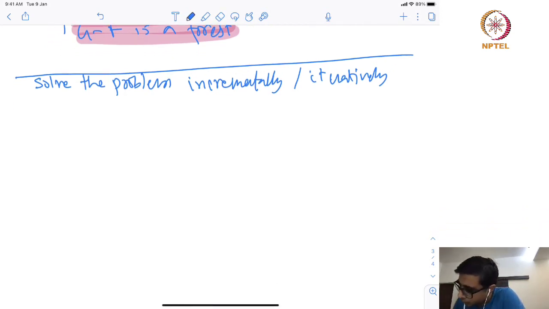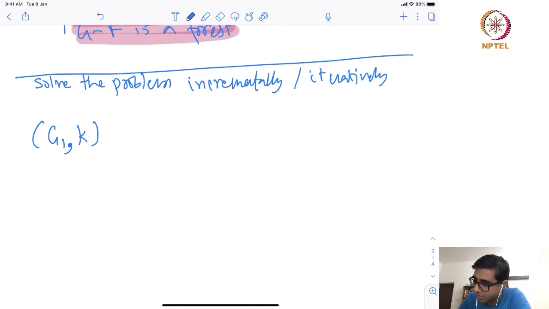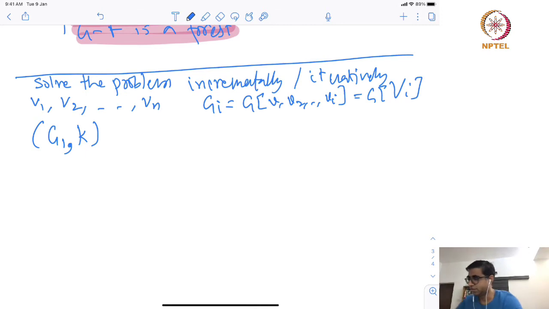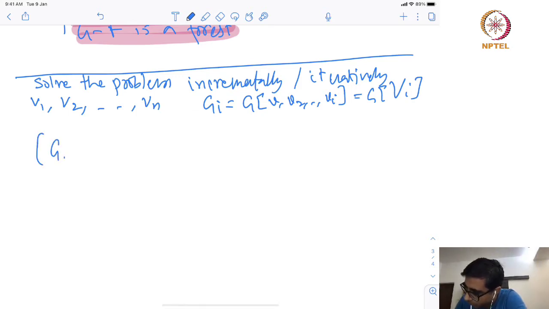So, remember what G_i comma k is. Just to repeat this, given a graph G, we have fixed an arbitrary ordering v1 to vn, and G_i is nothing but the graph induced on v1, v2, the first i vertices, which is V_i. Repeating once is not bad. Now I am going to solve G_1 comma k.